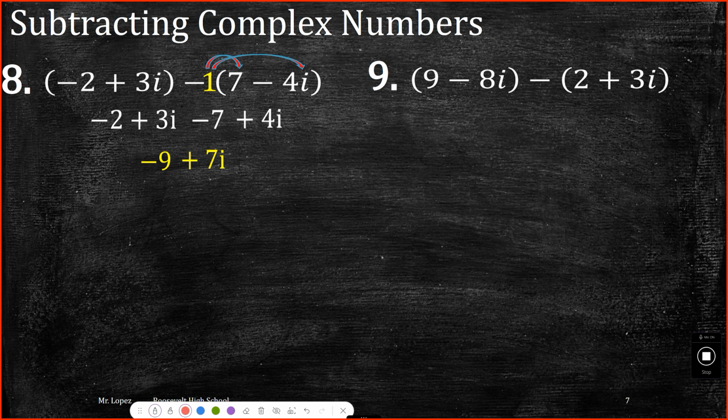What is it, everybody? 7 minus 11i. Let's go.